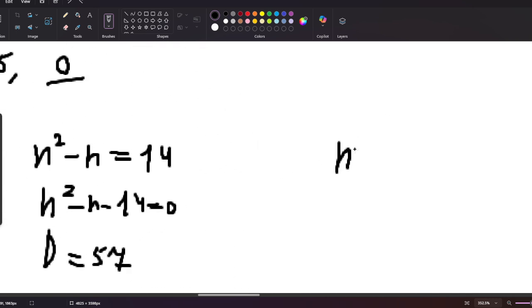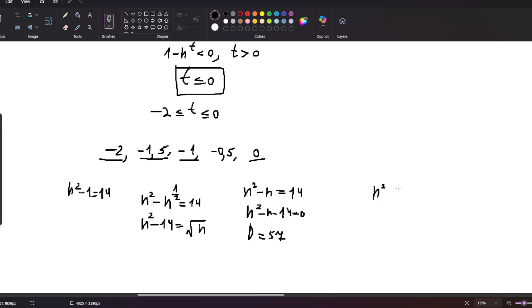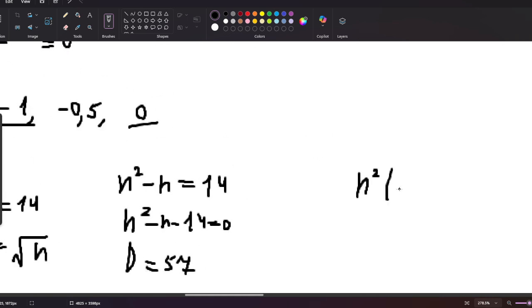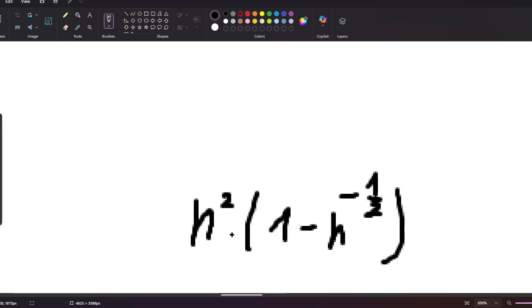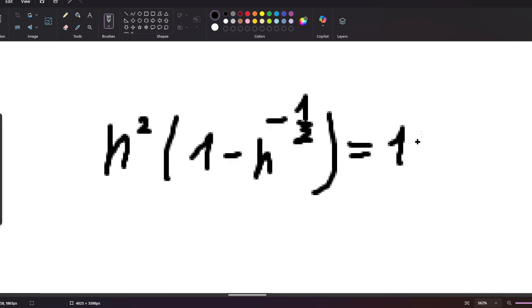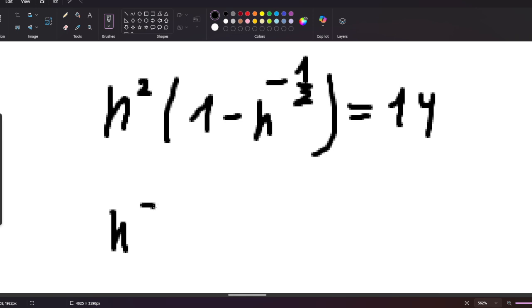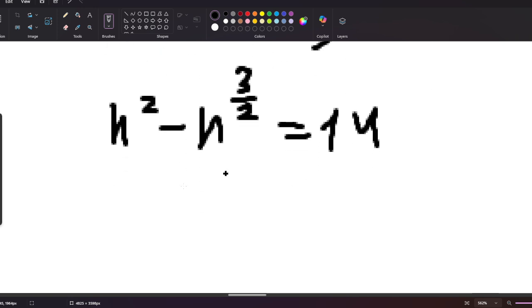We have n squared minus n to the power of minus 1/2 equals 14. N squared minus n to the 3/2 power equals 14.